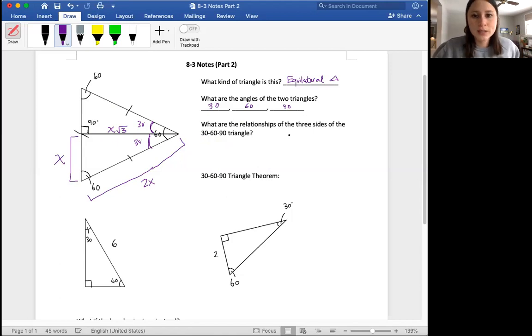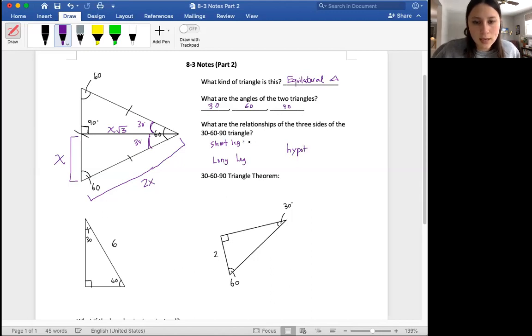So the relationships of the three sides is that we've got the short leg, the long leg, and the hypotenuse. So those are the sides that make up this.